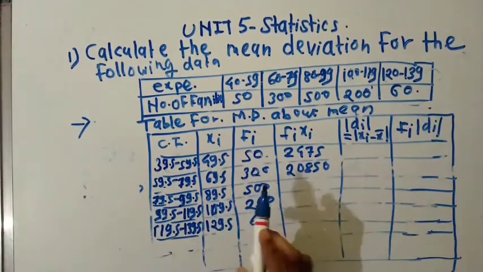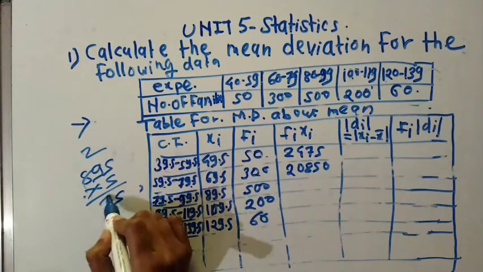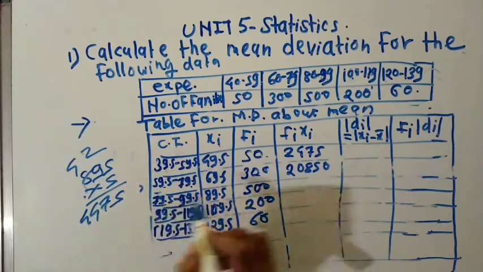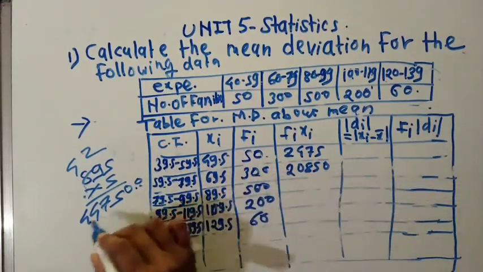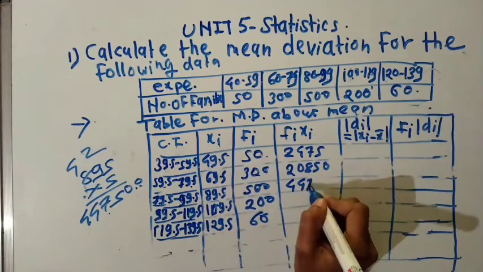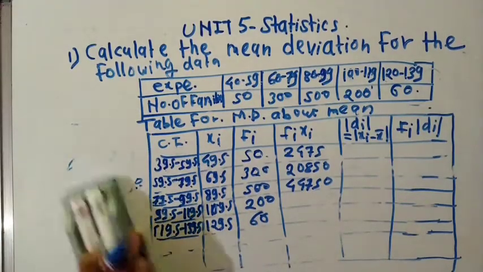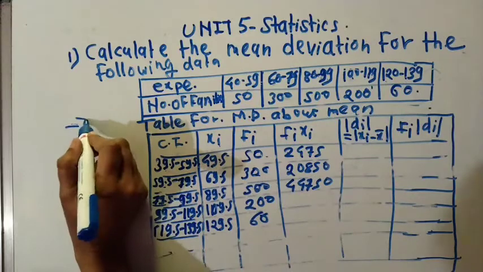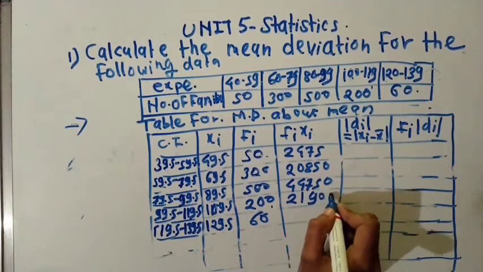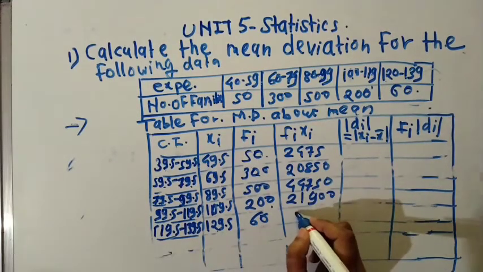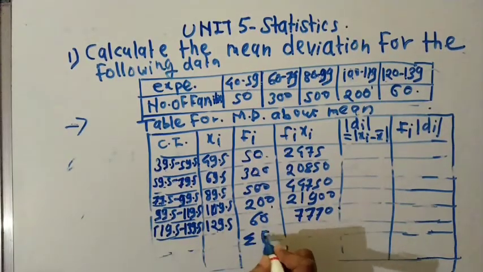Then we give this multiplication, 89.5 into 500, is 44,750. Then this multiplication is 21,900 and this multiplication is 7,770.